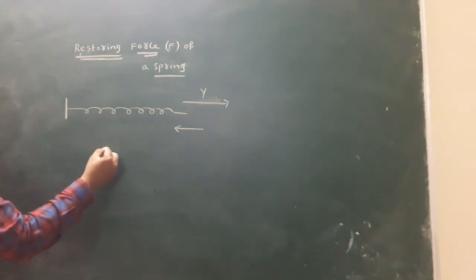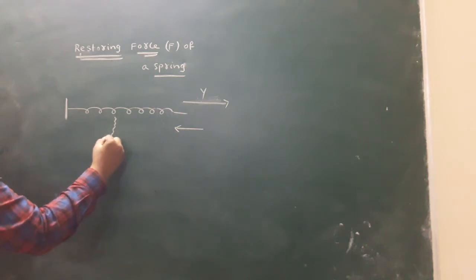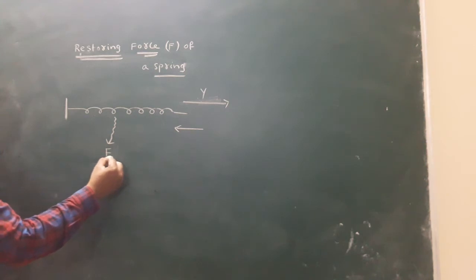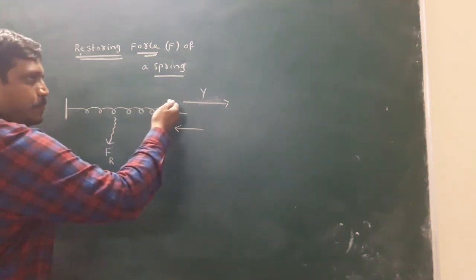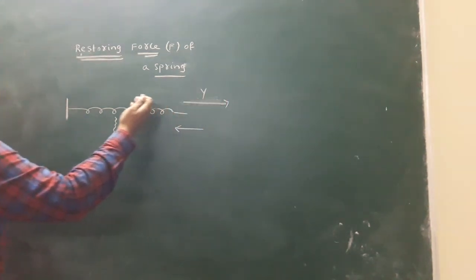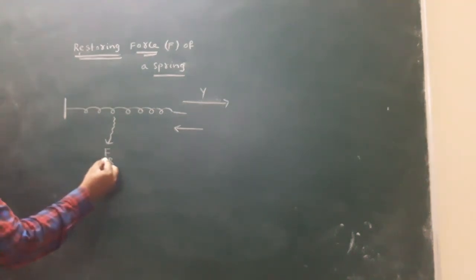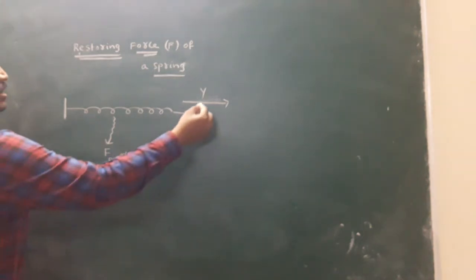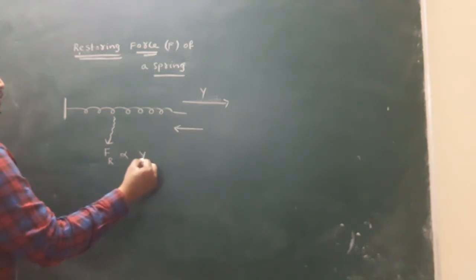restored. Its meaning is the spring restores. Inside the spring, some force is acting, that is called restoring force. Restoring force mainly depends upon the distance moved by the spring.